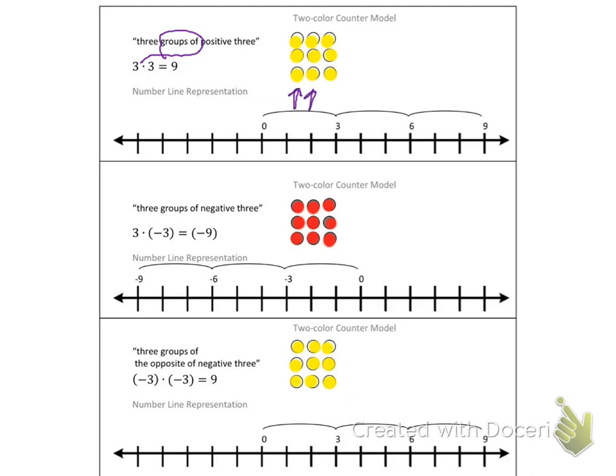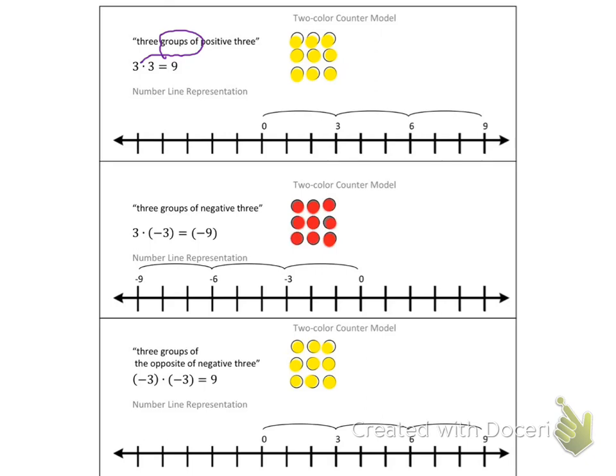There's 1, 2, 3 groups of counters. Each group is in a straight line or in a straight row, however you prefer to look at it. And there are 3 positives in each group. So we end up with a finalized result of 9, positive 9.